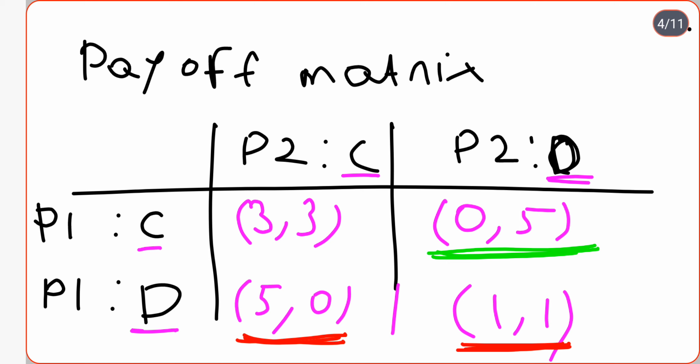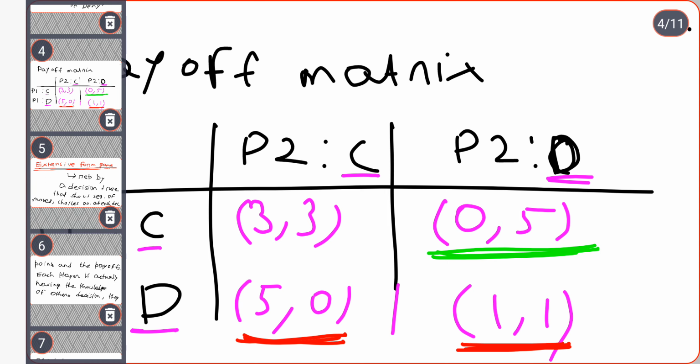Obviously player 2 will choose D, to confess as well, because if player 2 chooses to deny while player 1 has confessed, player 2 will have 5 years of imprisonment. So why would he choose that? Both of them getting 3 years of imprisonment is better than 5 years. So player 2 has two options, C or D, but he will obviously choose D.